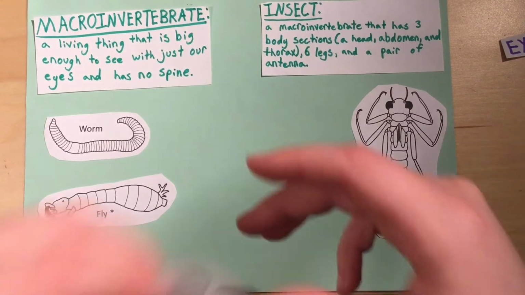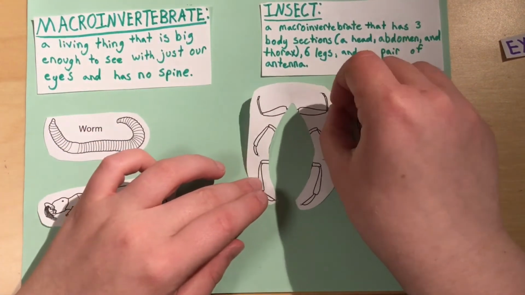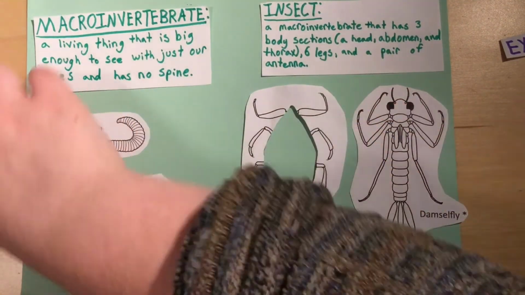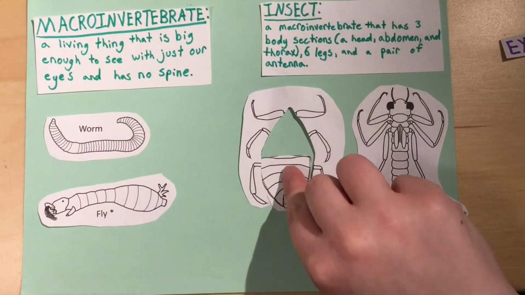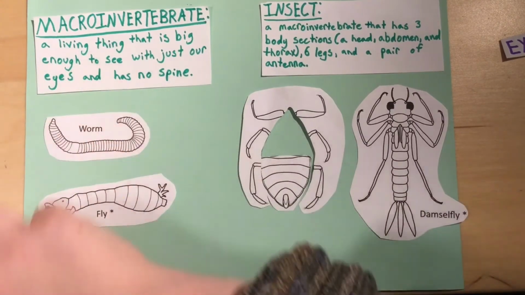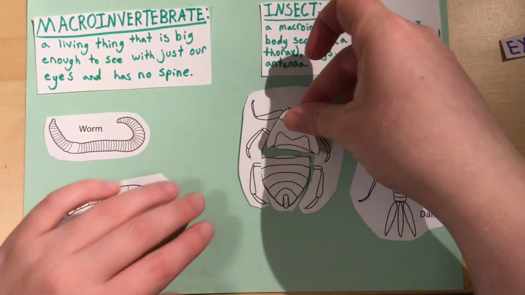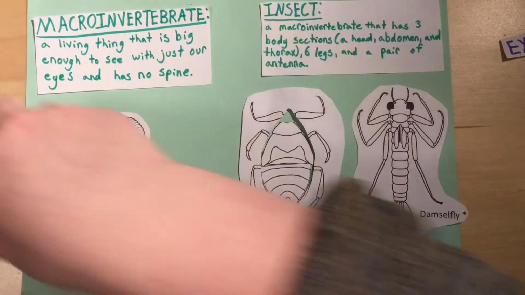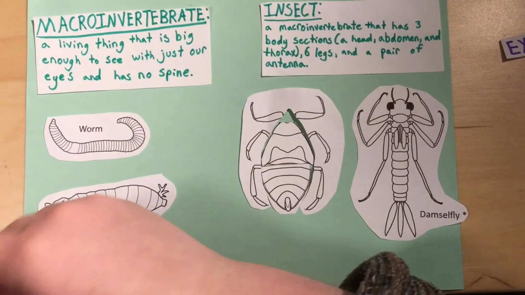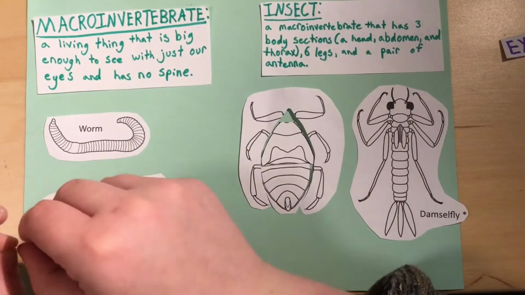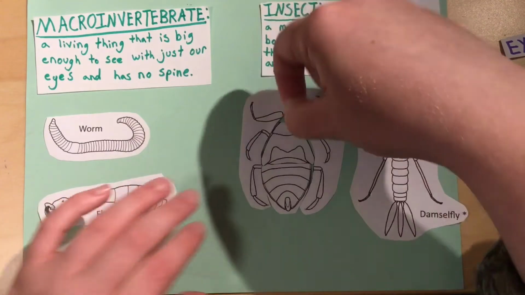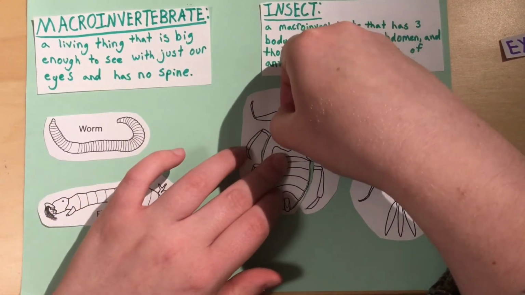So we have the 6 legs. We have a thorax. We have an abdomen. And we have this teeny tiny little head on this big creature.